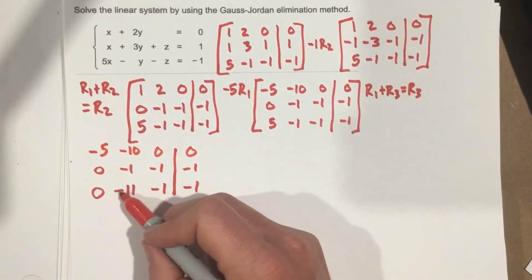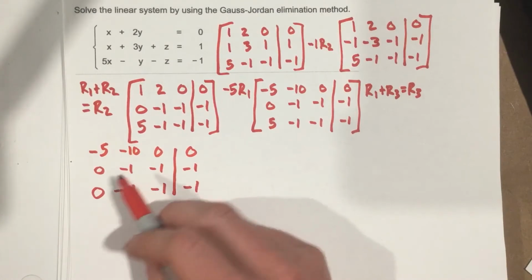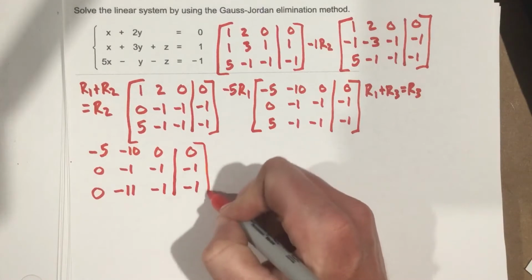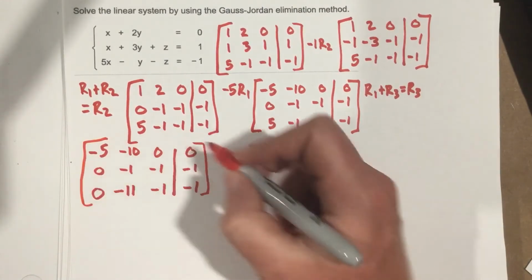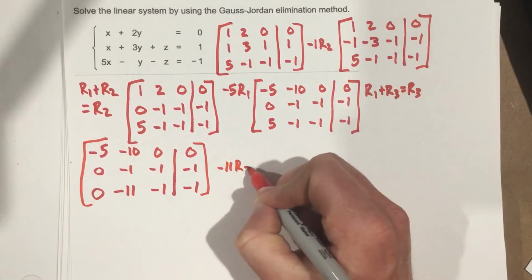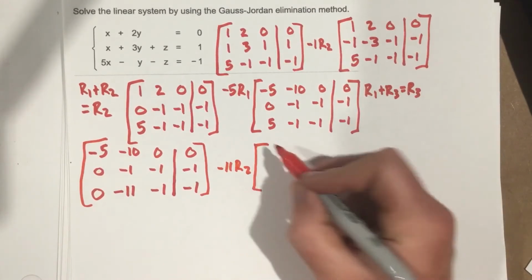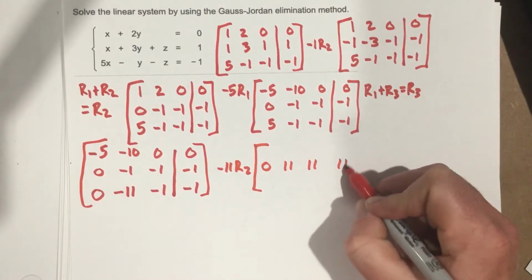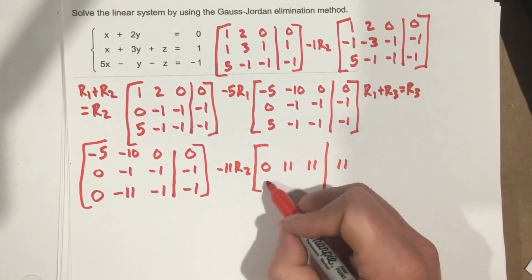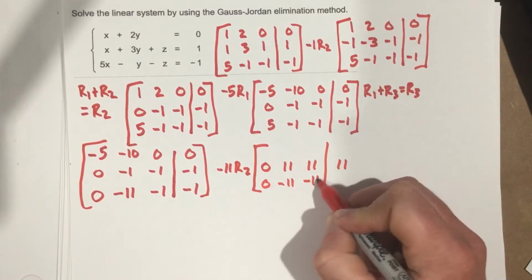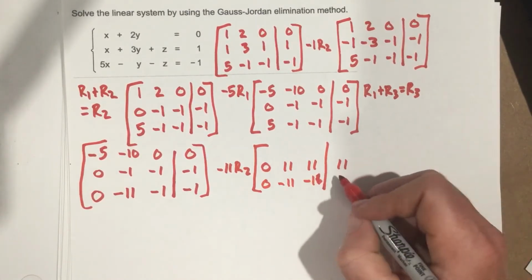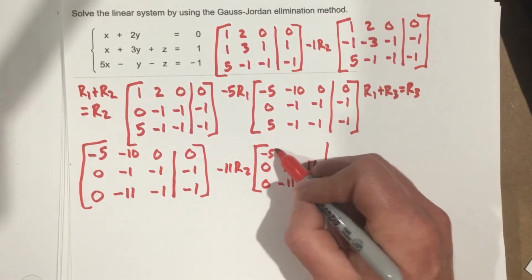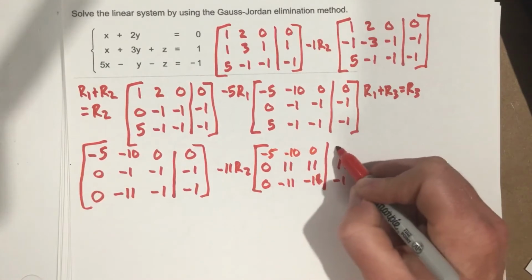Now we're going to go for a 0 down here. How can we get it? We've got to use the middle row. So we're going to multiply the middle row by negative 11. Negative 11 R2. And that's going to give you 0, 11, 11, 11. And we have 0, negative 11, negative 1, negative 1 and negative 5, negative 10, 0, 0 on top.